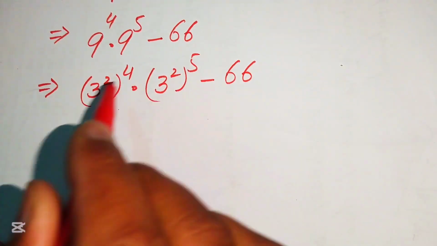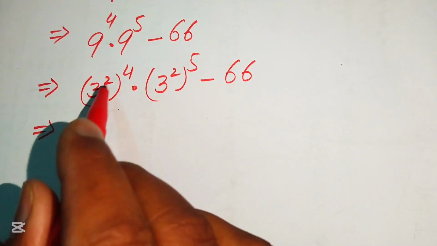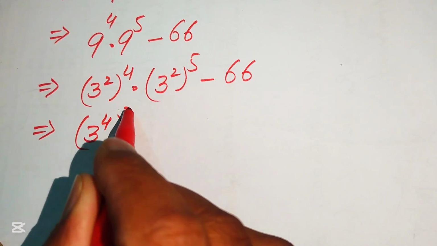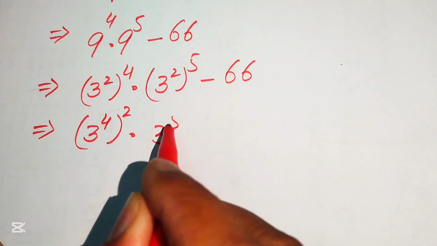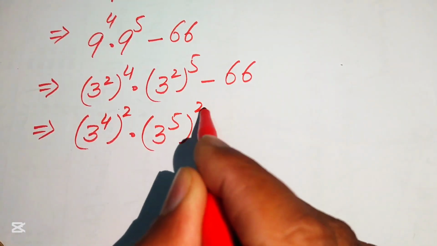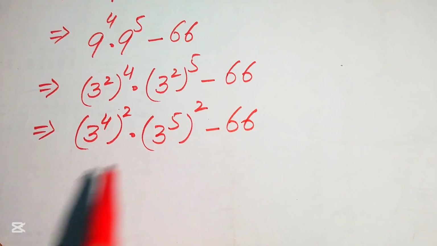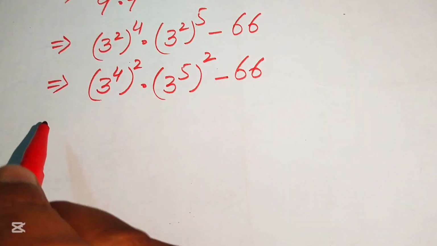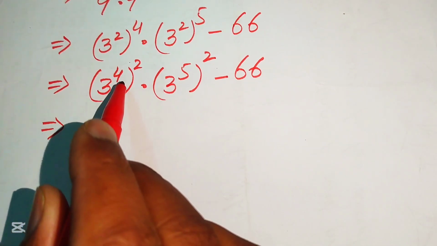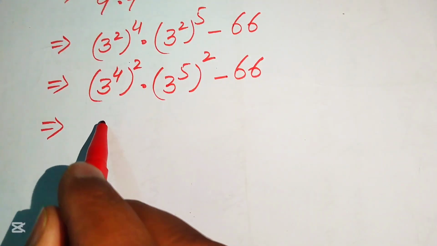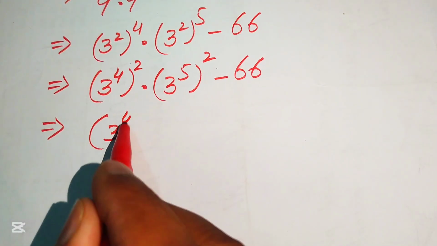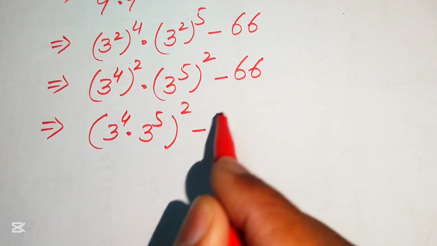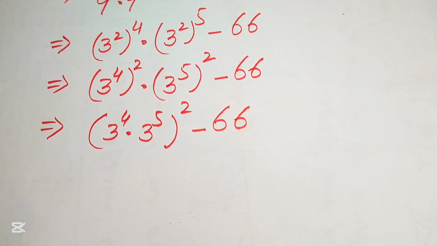Here we interchange these exponents and move the 4 inside the term, and we write it as 3 to the power of 4 and its whole square multiplied by 3 to the power of 5 and its whole square minus 66. In the next step we combine the exponents of these two terms, and we write it as 3 to the power of 4 multiplied by 3 to the power of 5 and its whole square minus 66.